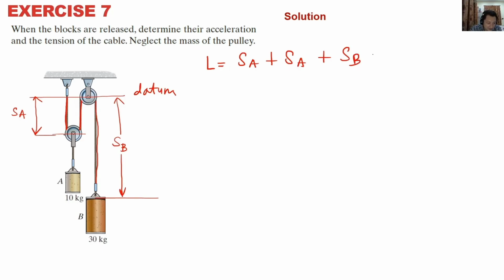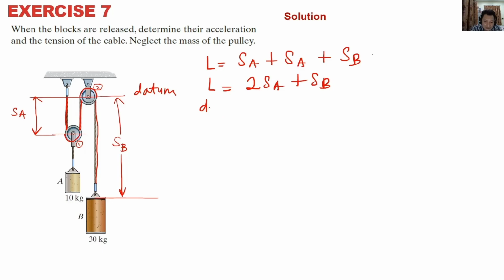Of course, you have all these other things too, but when you differentiate, the length is constant at any time, so it becomes 0. So you have 2SA plus SB is equal to L.